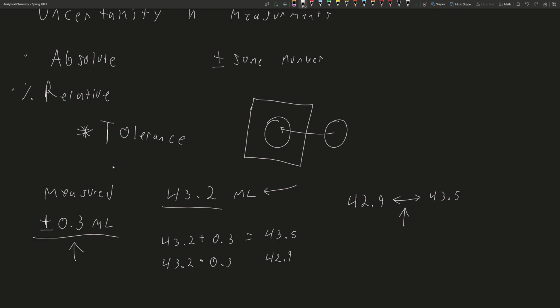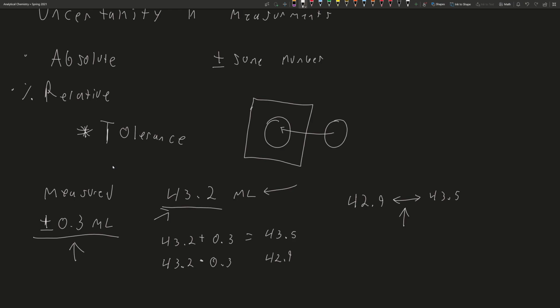So if you did repeated measurements, you would have very little variation throughout the measurement. Even if you measure things absolutely perfectly every single time, there's no guarantee that you will actually measure 43.2.